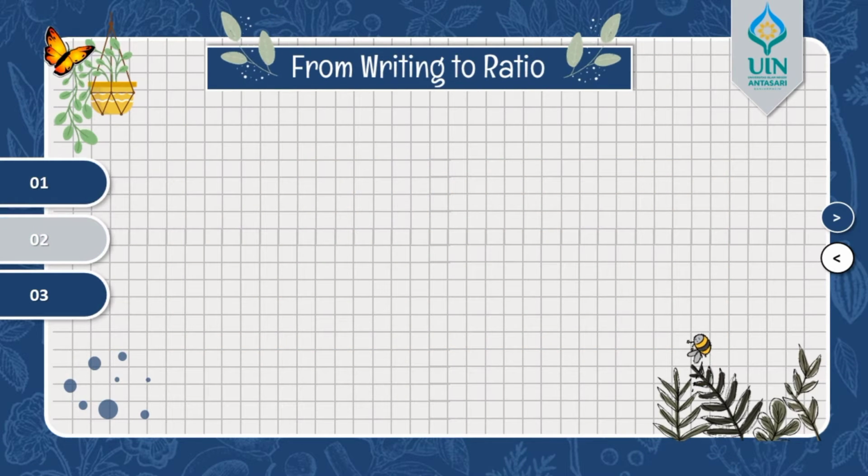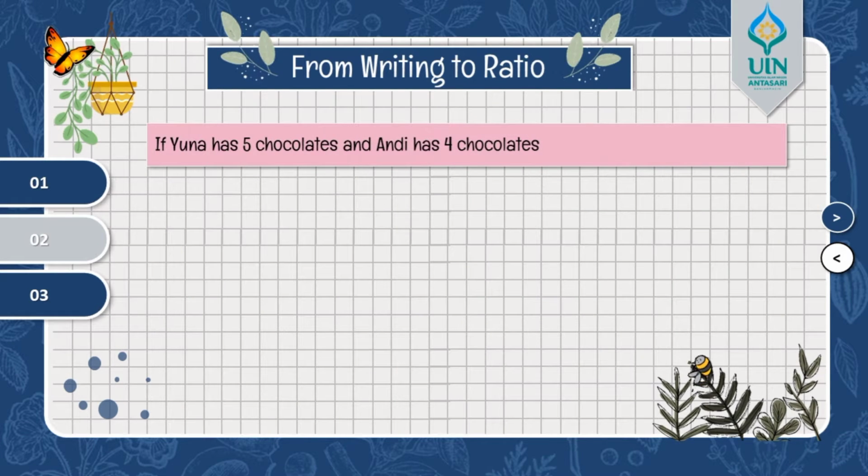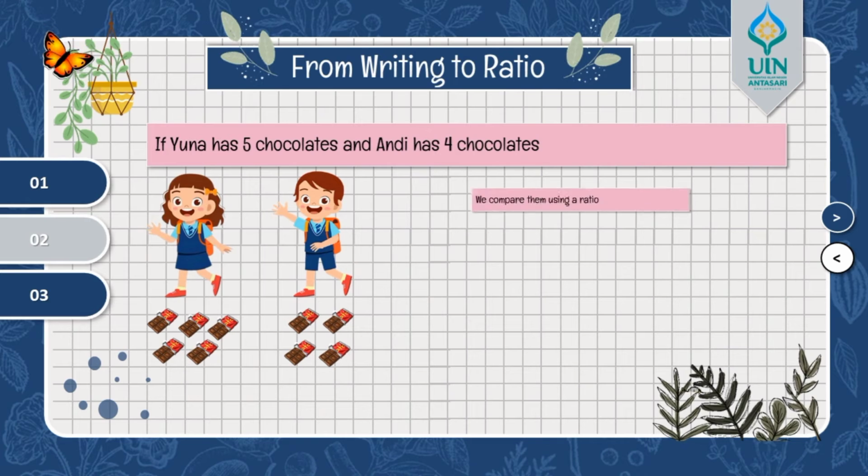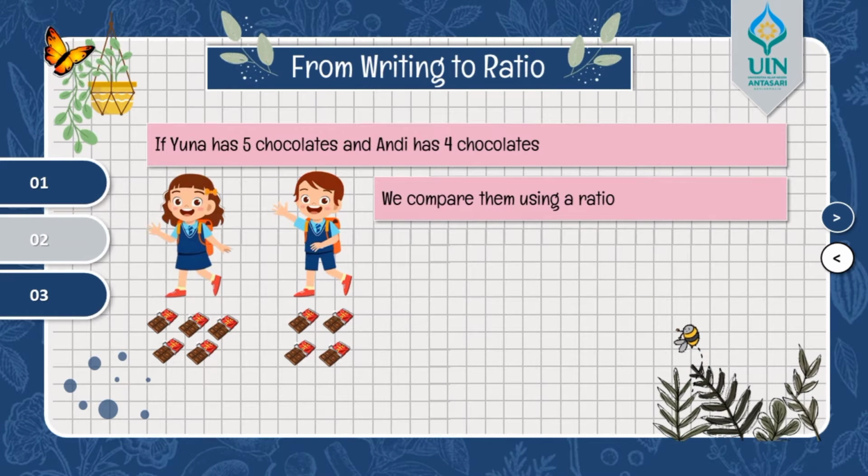Okay, second, we will talk about from writing to ratio. If Yuna has 5 chocolates and Andy has 4 chocolates, we compare them using a ratio.